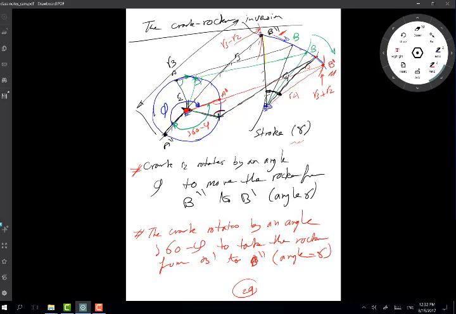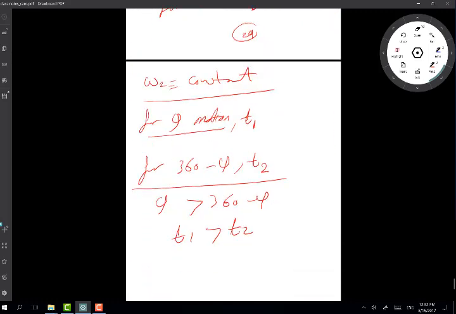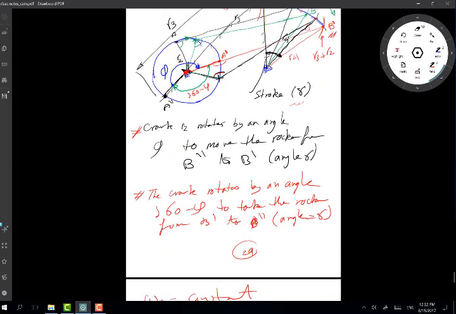So it does it quicker. This means the rocker moves in one direction slowly, the motion which corresponds to T1 with the angle phi, and moves in the other direction quickly. In this case, we have what we call a quick return motion.